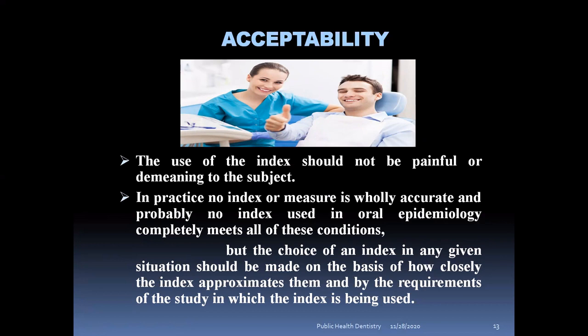But the choice of an index in any given situation should be made on the basis of how closely the index approximates the requirements of the study in which it is being used. So it should be very much acceptable to the patient. It should not cause any kind of pain or discomfort to the patient, so that he might object to the taking of the indices.